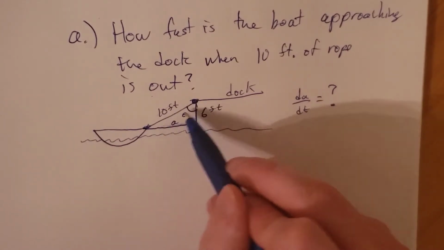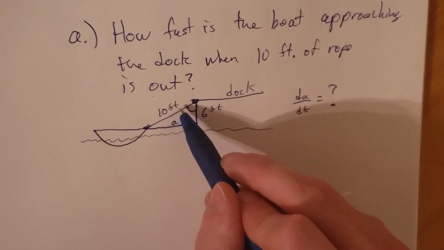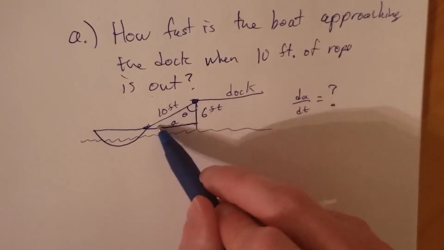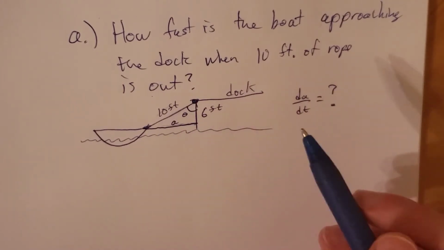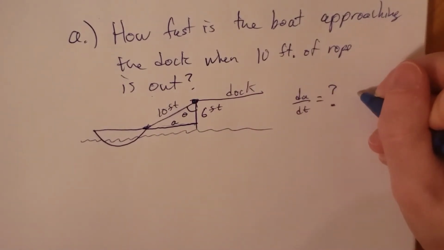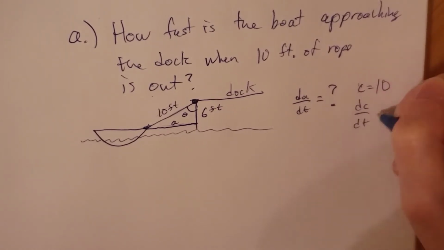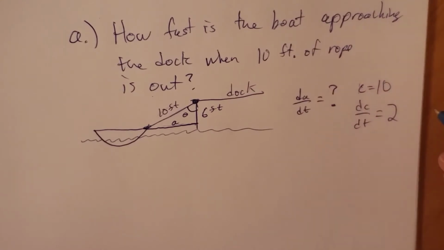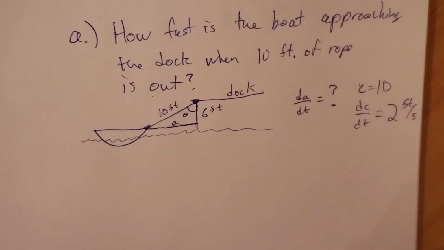Well, what else do we know? Besides this is 10 feet, we also know that the rate of change of this hypotenuse here, so let's call that C, is 10 feet and dC/dt we were given, and that is 2 feet per second. So that's something else that we know.